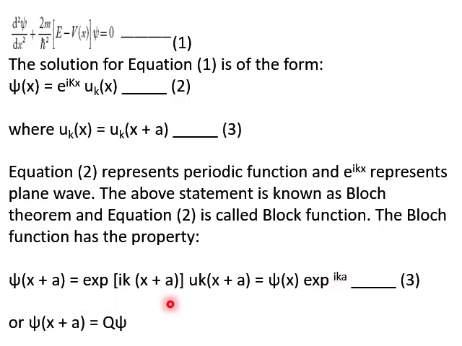Now how does this come about? Suppose this psi is the function of one electron moving inside the periodic potential at position x.